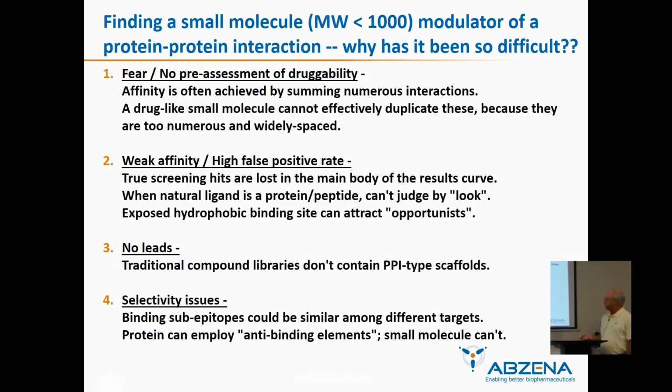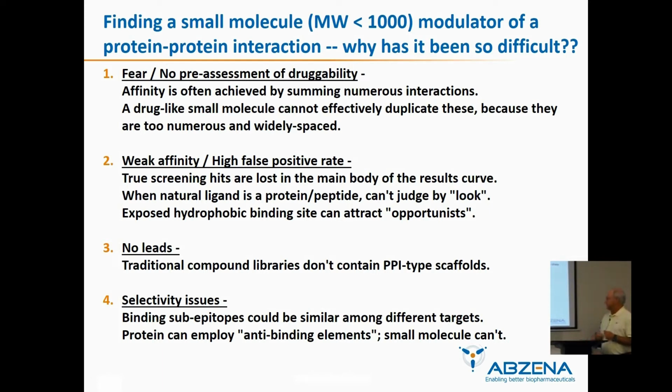And then when people do the screening and they do the hit assessment, it turns out a lot of times you just have no authentic hits at all. So you end up with no leads in your program. And I think the reason for that is that the traditional corporate compound libraries that are used for drug screening don't contain the right kinds of scaffolds, the scaffolds that are appropriate for inhibiting protein-protein interaction.